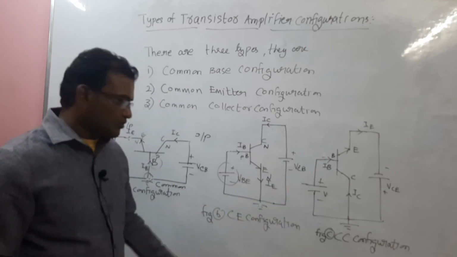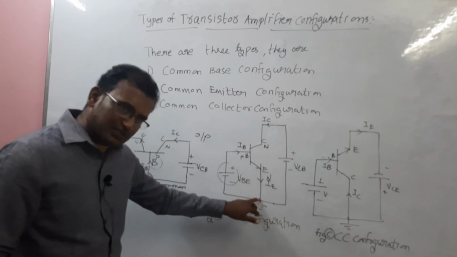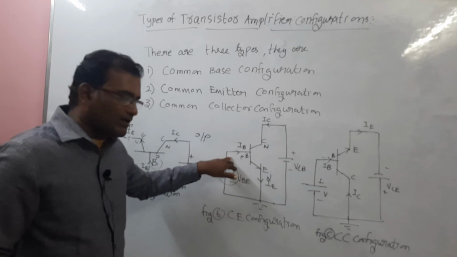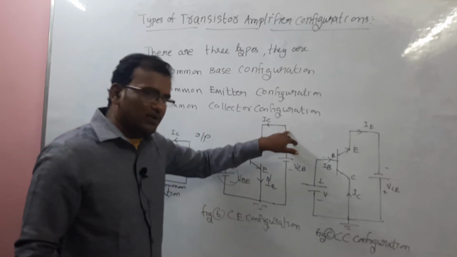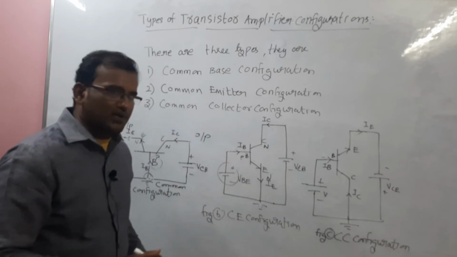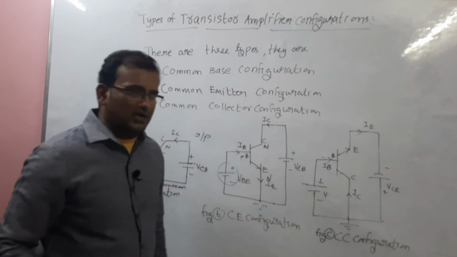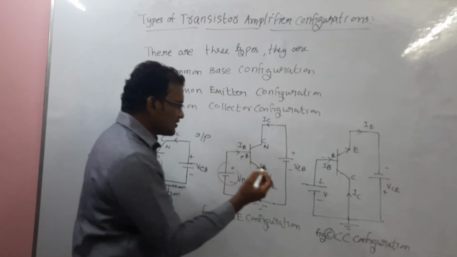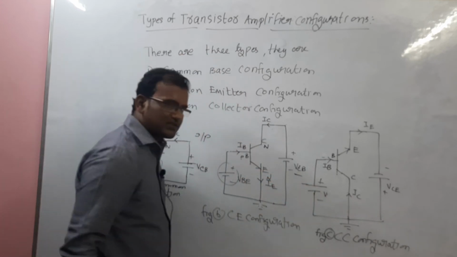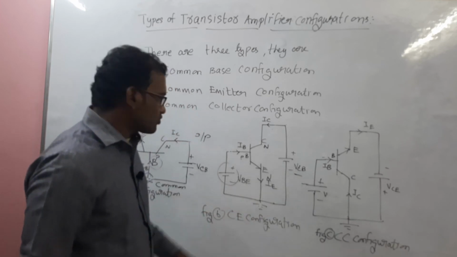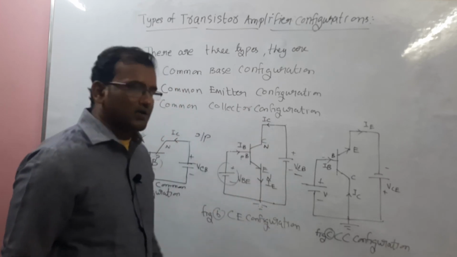Emitter is the common between input and output. Input terminal is base, output terminal is collector. The input current is base current, the output current is collector current, and the common is emitter. Output voltage is VCE, and input voltage is VBE. So this is common emitter configuration.